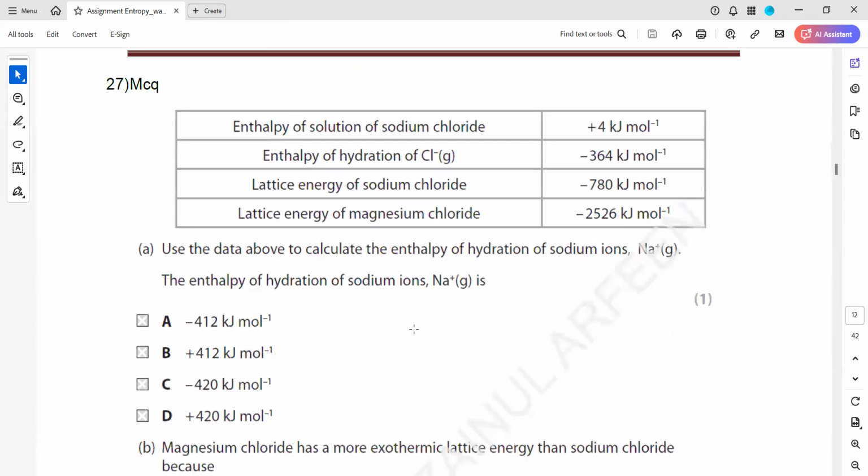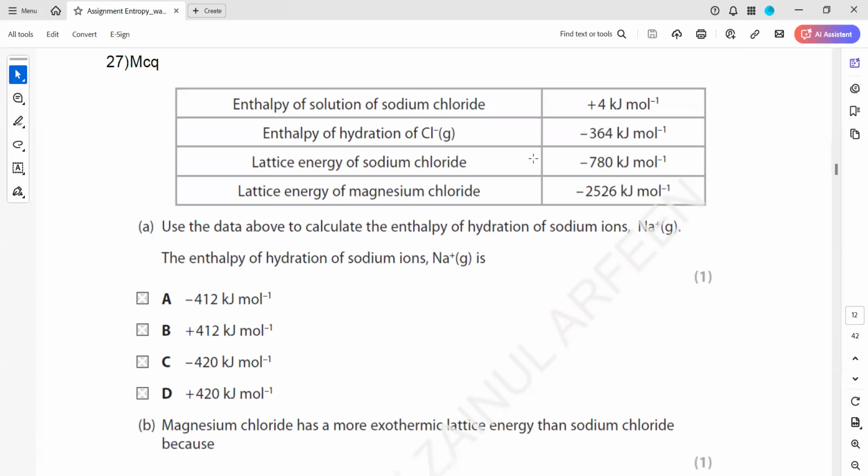The enthalpy change of solution of sodium chloride, enthalpy of hydration of chloride, and lattice energy of sodium chloride and magnesium chloride are all shown. Use the data to calculate the enthalpy of hydration of sodium. How can we work out the enthalpy of hydration of sodium? Look, remember this formula: enthalpy change of solution equals hydration minus lattice.